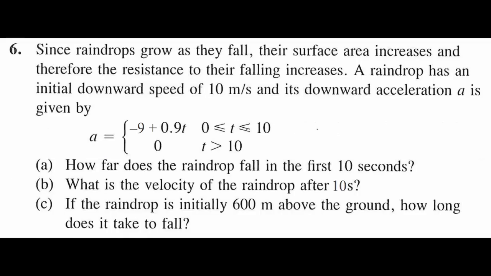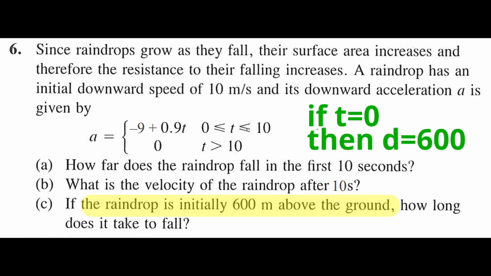To get the initial value for this IVP, you will notice the question reads, the raindrop is initially 600 meters above the ground. So when t equals 0, d equals positive 600. We know it's positive rather than negative since it reads above the ground.